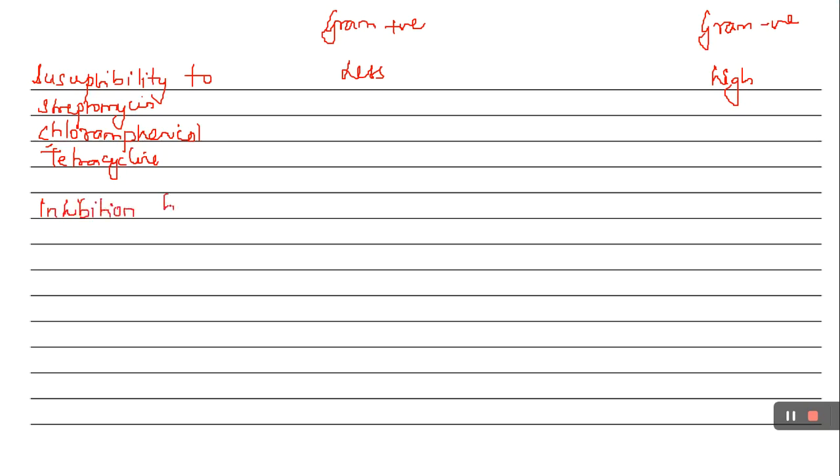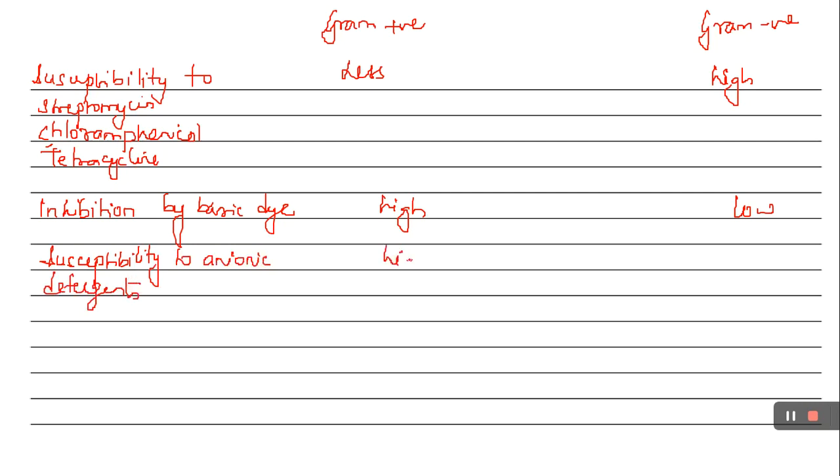Inhibition by basic dyes. So with basic dyes, which one is inhibited more easily? Gram positive bacteria are highly inhibited, they are less inhibited. Then susceptibility to anionic detergents. Which one is more susceptible to anionic detergents?